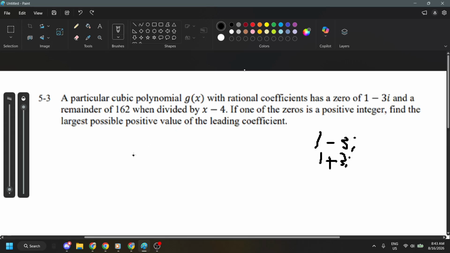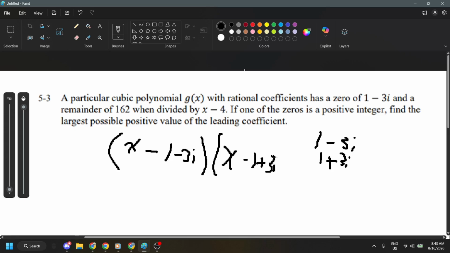It's going to be x minus 1 minus 3i times x minus 1 plus 3i.